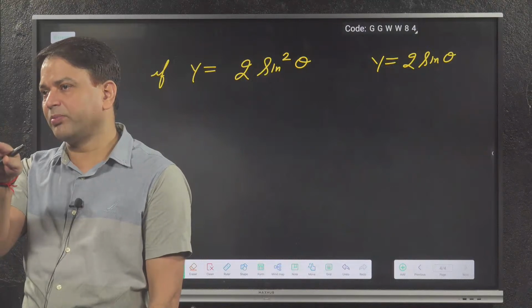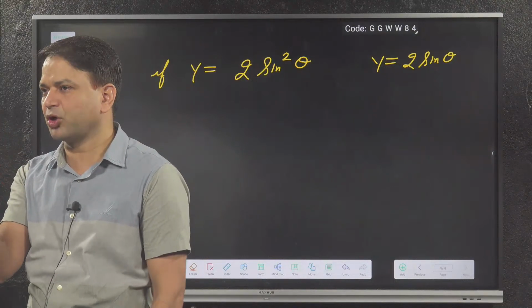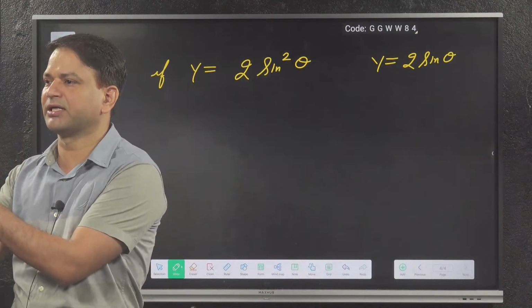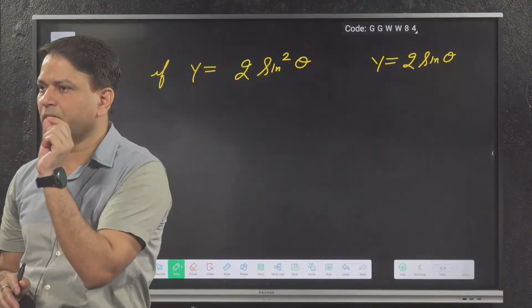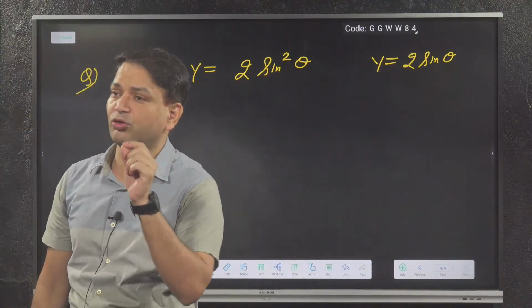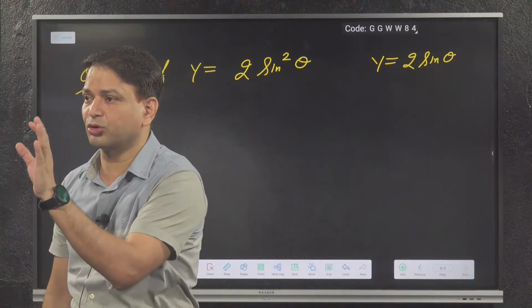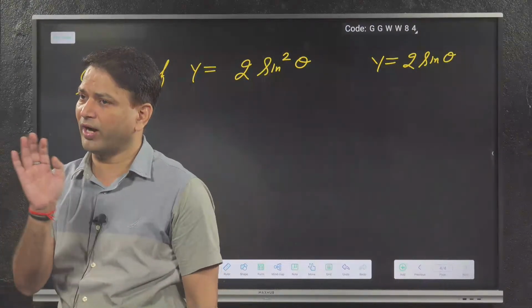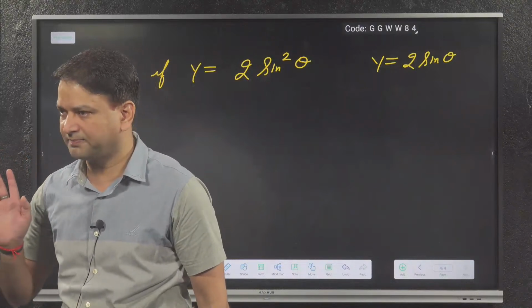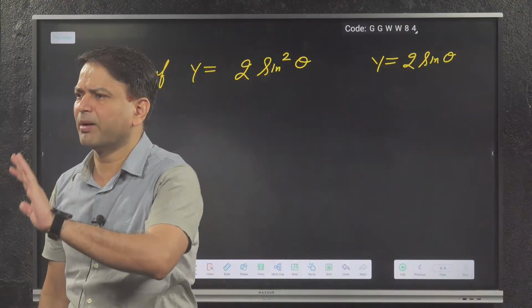Now y will be maximum when sine theta is maximum, because 2 and sine theta are getting multiplied. So maximum sine theta is 1, so y maximum value is 2. Okay, I think everybody is clear on maximum.